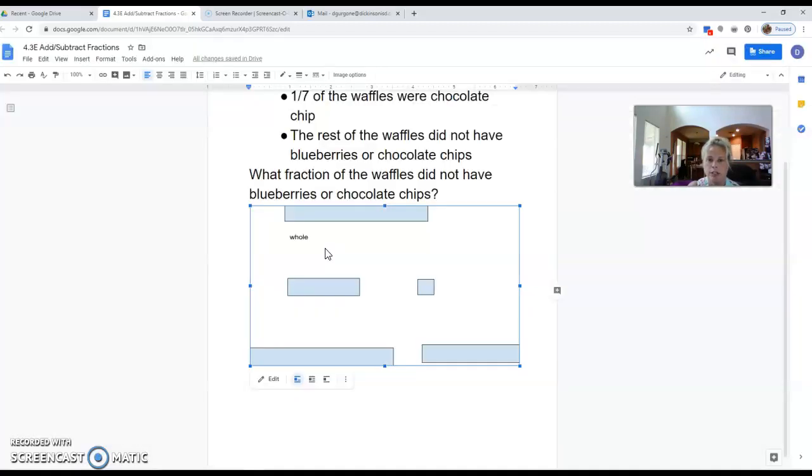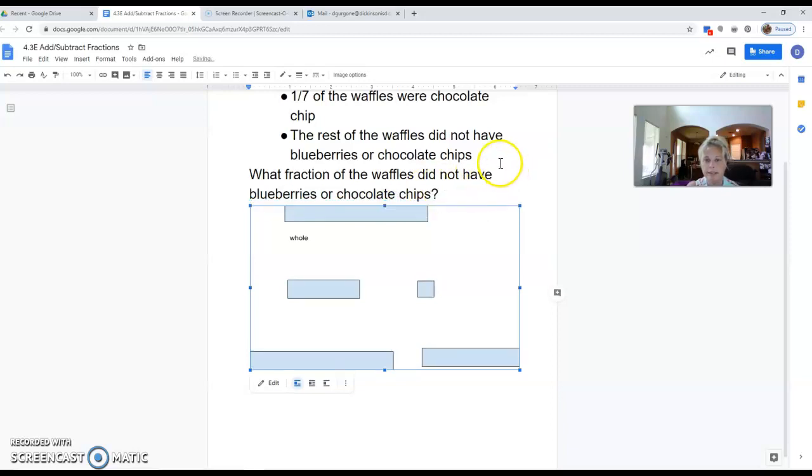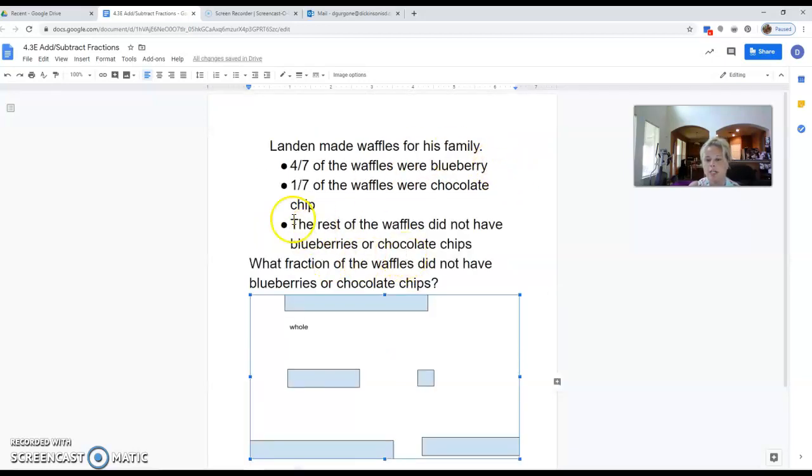Let's go back to the page with the problem, because of course we have to refer back to the problem and read it again, because we never read a problem just once. So what is our important information here? Landon made waffles for his family, but we have different kinds of waffles.